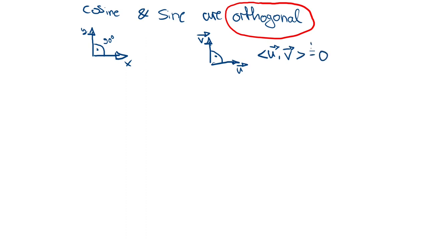This is the property of orthogonality. Or let's take an example here. The u vector is (1, 0), and the v vector is (0, 1). So our inner product works so. The sine and cosine function are orthogonal.